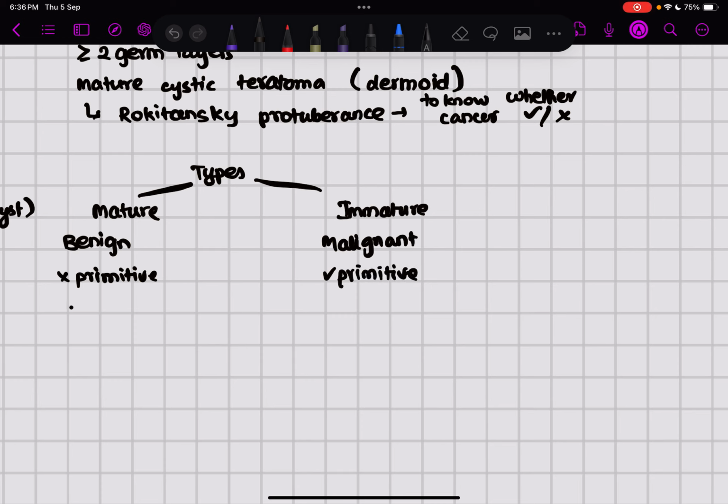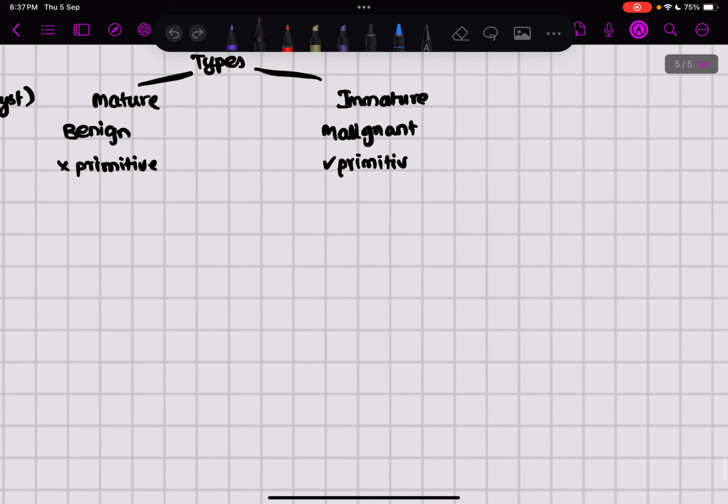Here, completely formed elements like bone, hair, skin, nails are present, whereas here it might look like a small round blue cell tumor. On microscopy, we see the different structures like skin, hair, nail, etc.